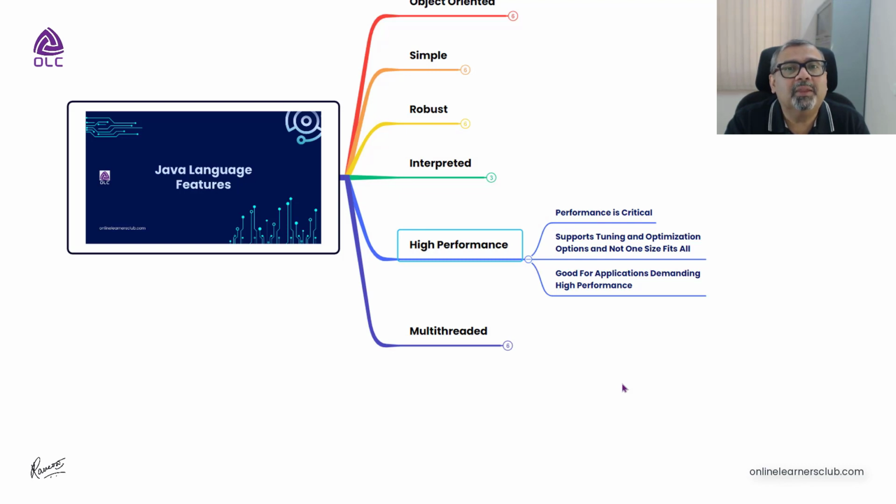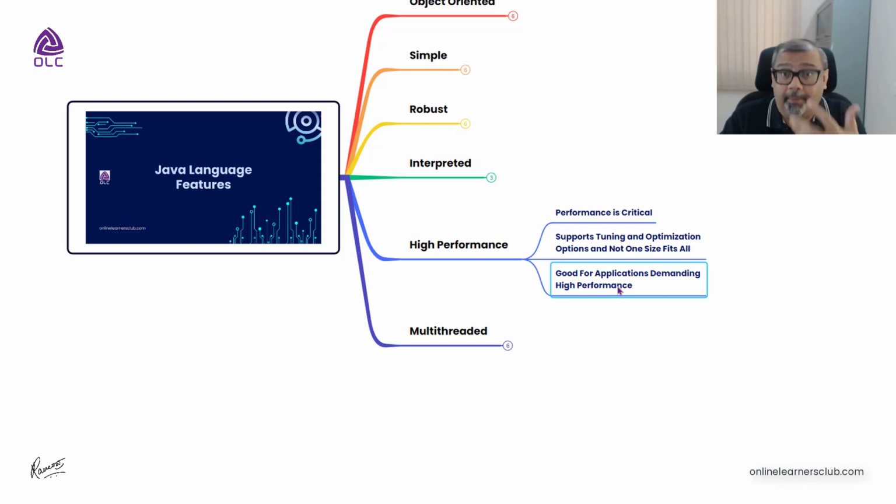We know performance is critical, and supporting tuning and optimization is very important, and Java supports various options to tune and optimize the code so that you can tweak your program depending on your requirement. It is not a one-size-fits-all concept. You have an option to tune the environment depending on your requirement, and it is good for applications that require very high performance.